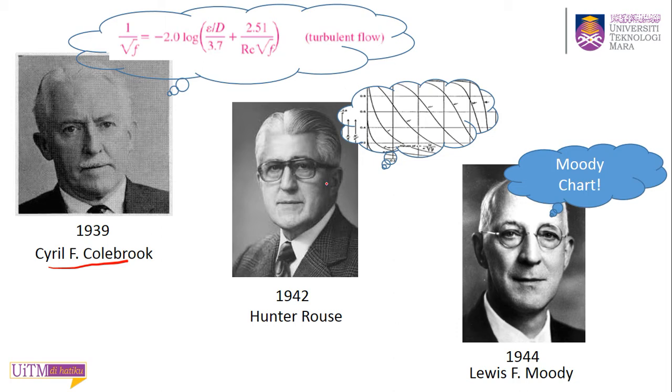Two years after that, another researcher named Lewis Moody, which is why we call it the Moody chart, found how we can determine the friction factor of turbulent flow just using a chart.